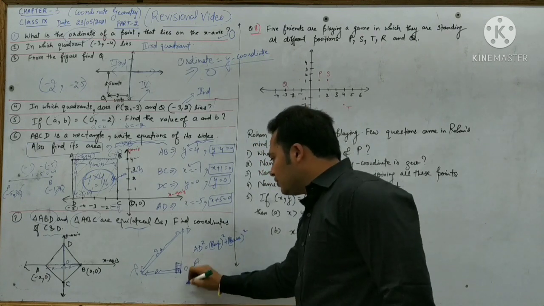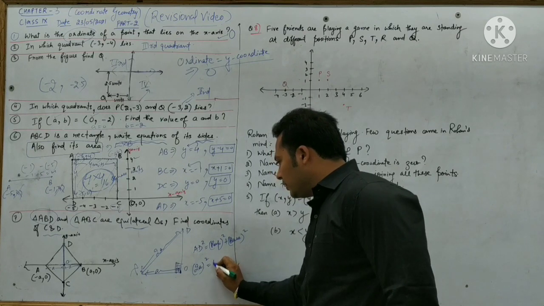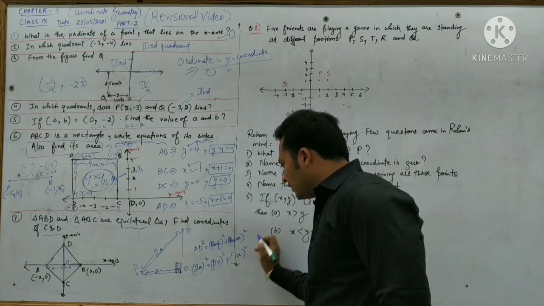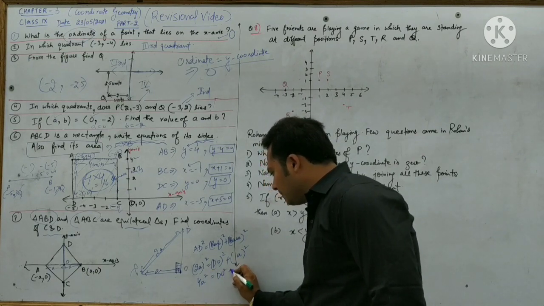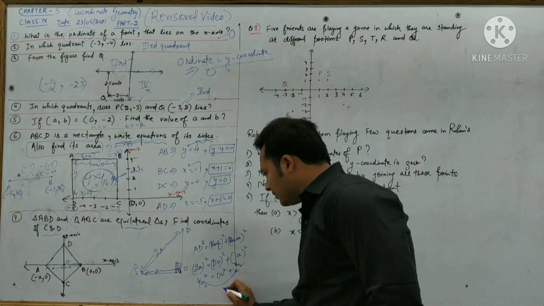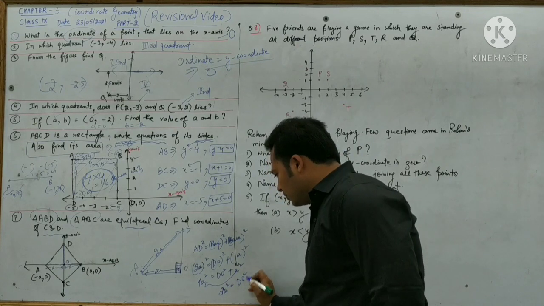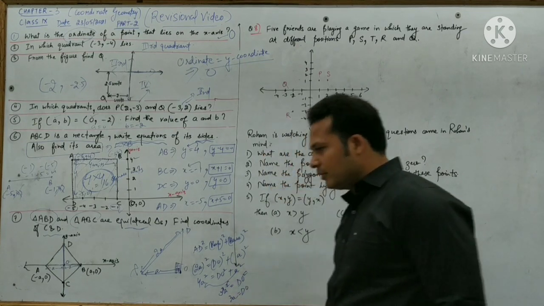AD is 2A. It's 2A square. Perpendicular DO we are to calculate, and base is A. 4A square equals DO square plus A square. Subtract this A square from 4A square. It is 3A square. So DO is root of 3A. Cancel these squares.